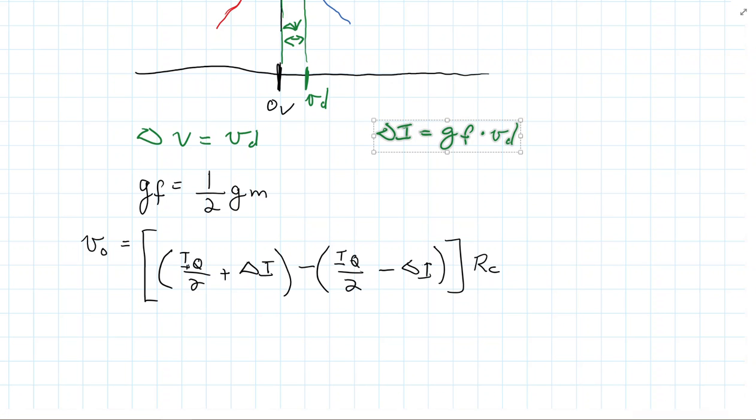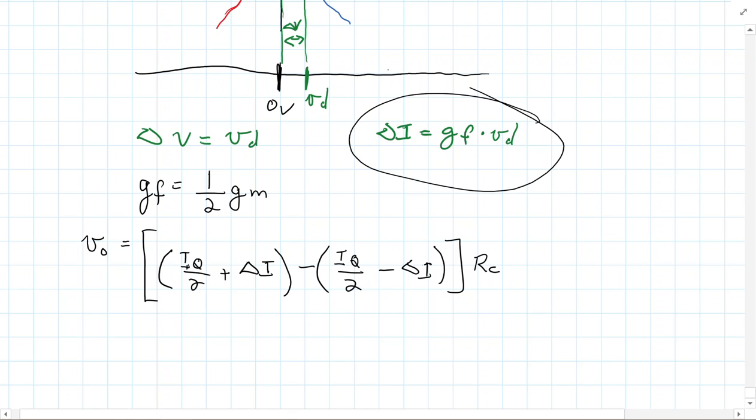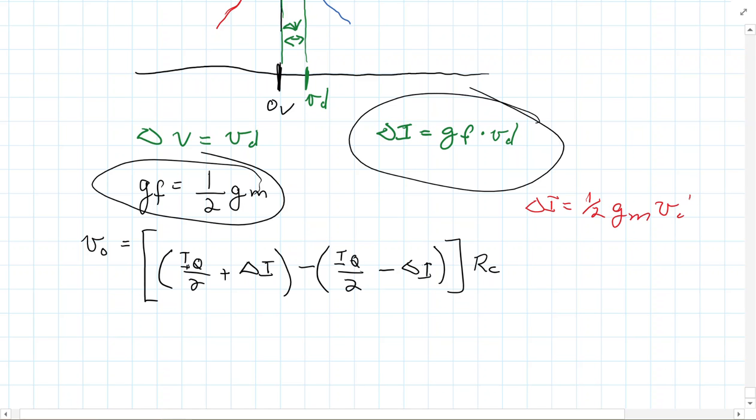We have delta ID and GF is 1/2 GM. So what do we get? Delta I is equal to 1/2 GM VD. Okay, so then we plug that in.